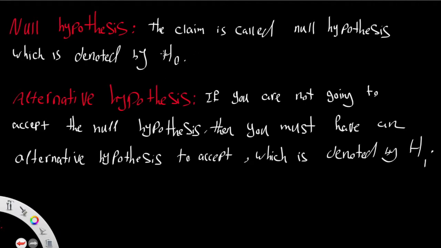It is actually the default hypothesis. Next one, alternative hypothesis. If you are not going to accept the null hypothesis, then you must have an alternative hypothesis to accept, which is denoted by H1, or in some texts H sub A. In both cases, these two hypotheses are expressed by statistical parameters like probability or mean.